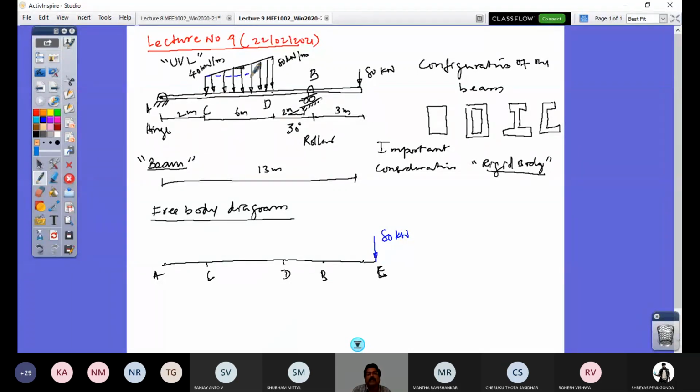So for that purpose of representation, I divide this trapezoidal geometrical representation of this UVL into rectangular and triangular variation. The rectangular variation represents the uniform constant load part, and triangular variation represents the linear variation part. So the resultant of them would act at the CG location of this rectangle.